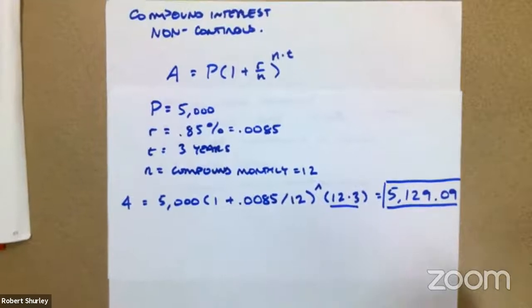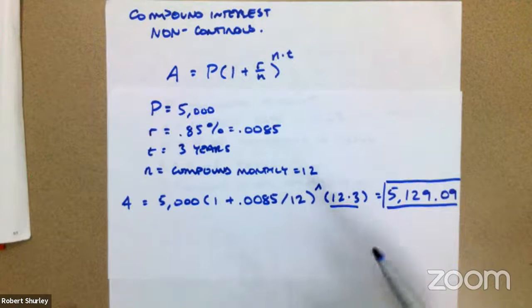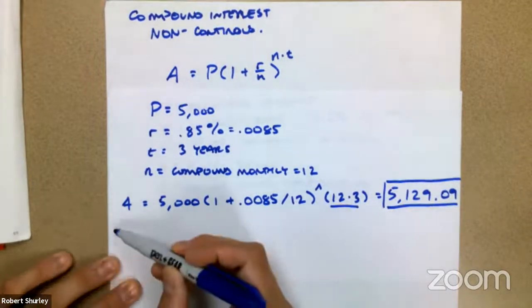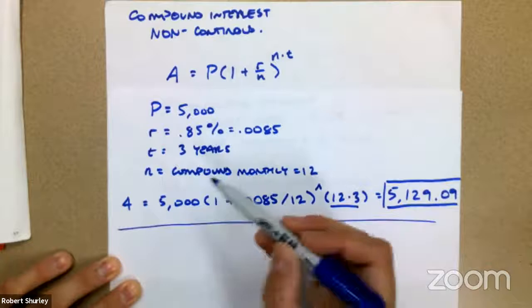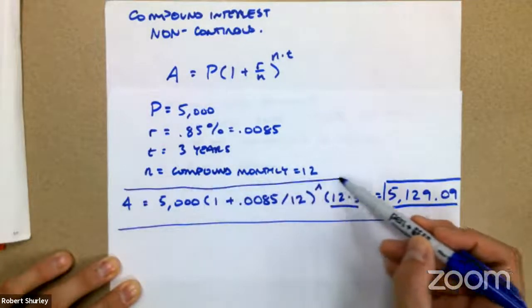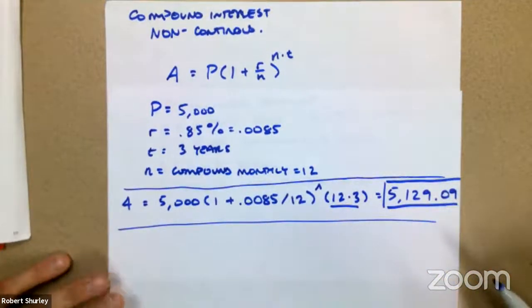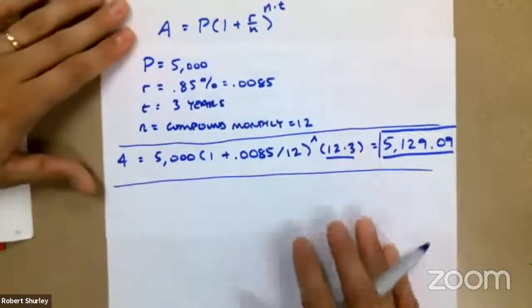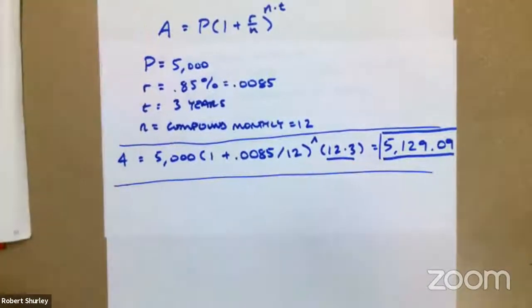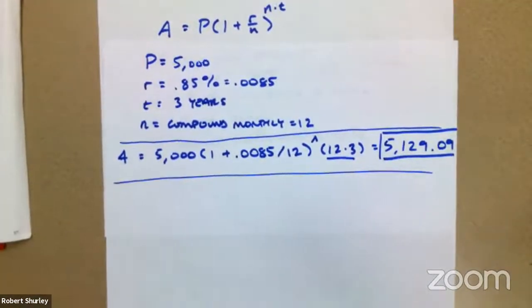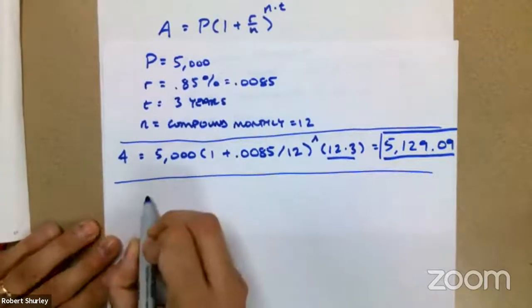Okay. So let's say we're like, hey, this is a really bad rate. What if I put it in something that kind of gets a higher rate? Well, I'm going to totally make up an example here just for fun, and just to do another example of compound interest. Let's say we go to a bank, or some financial advisor, and we're going to take our $5,000 again.